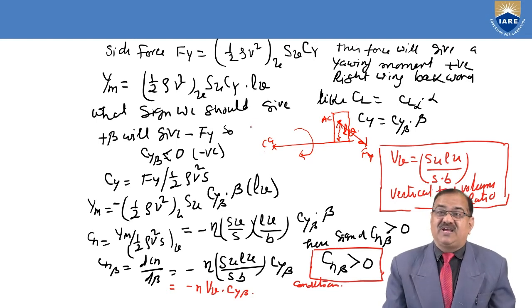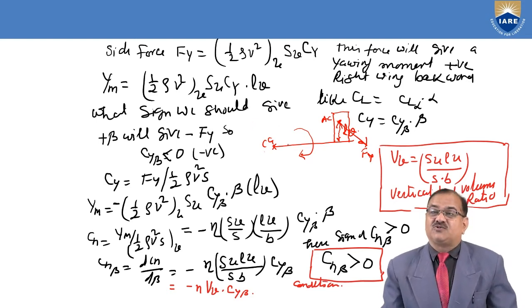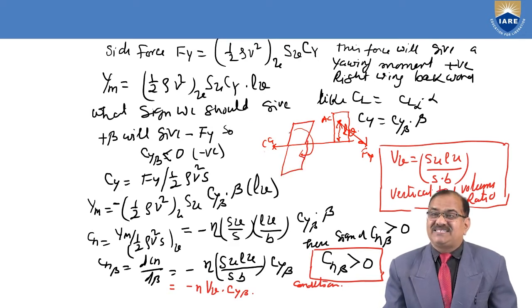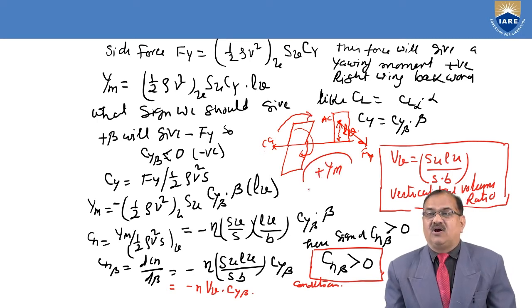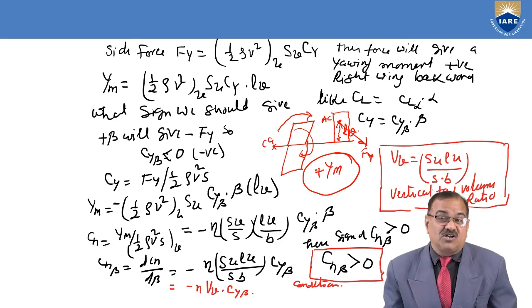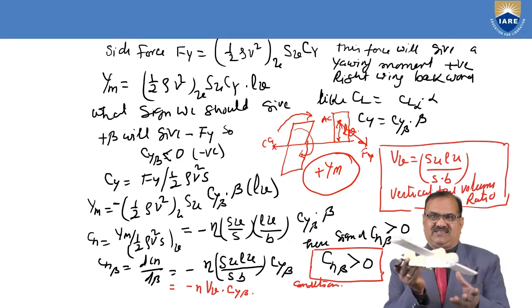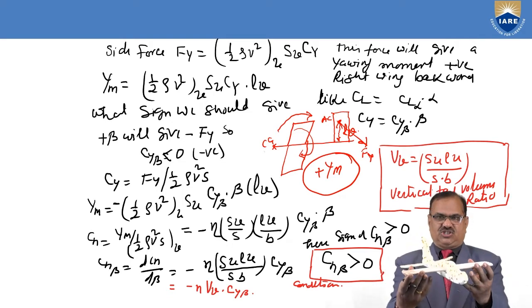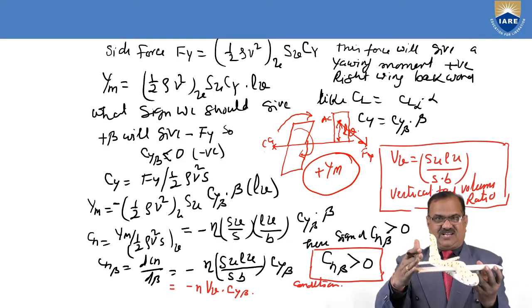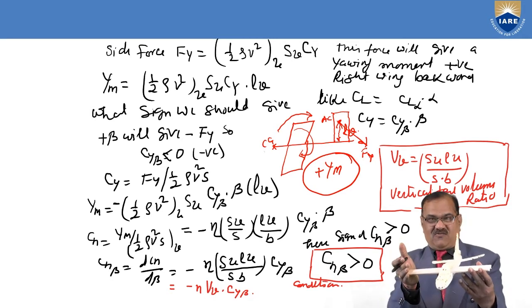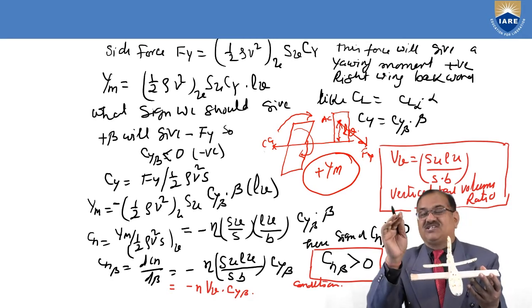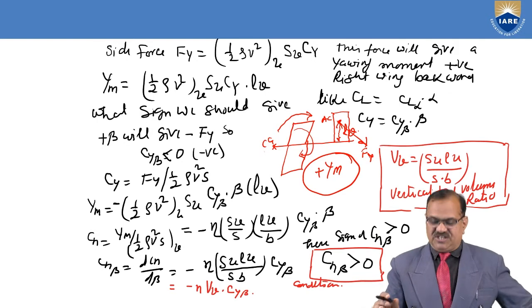The right wing will go backward. If this is the wing of the aircraft, by this condition the right wing will go backward, and this is a positive yawing moment. We have defined that for a positive yawing moment, the right wing goes backward. So it is a positive Ym. That is the definition.